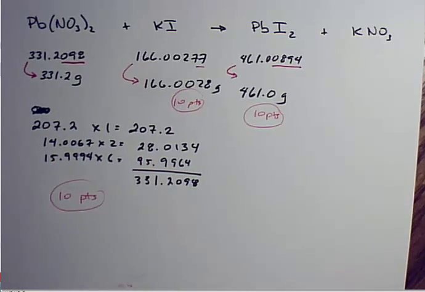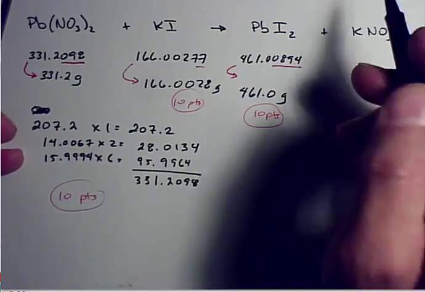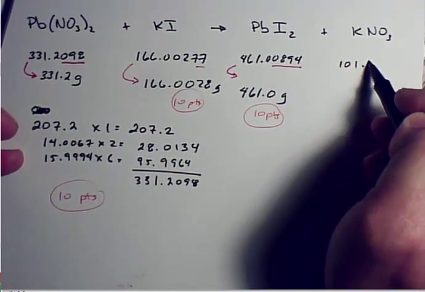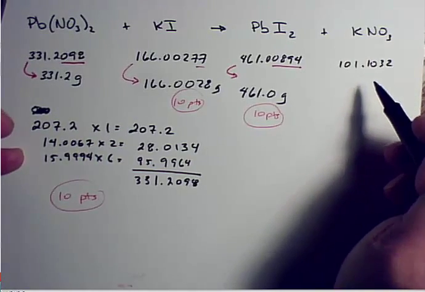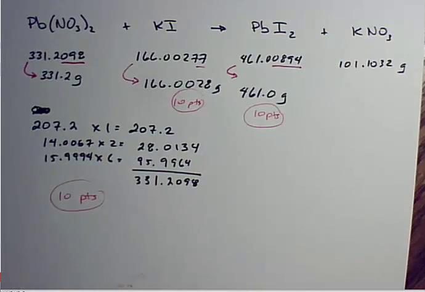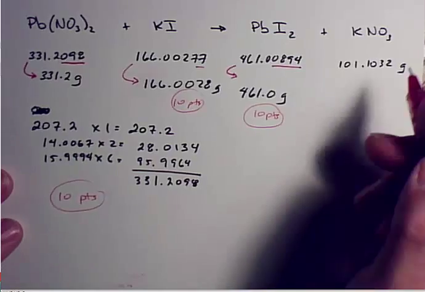Nitrogen is 14.0067, and oxygen 15.9994 times 3 in this case, and we get 101.1032. And there's no rounding off to be done on this one because there's no empty slots to the right. Okay? So we're still going to give it 10 points here.